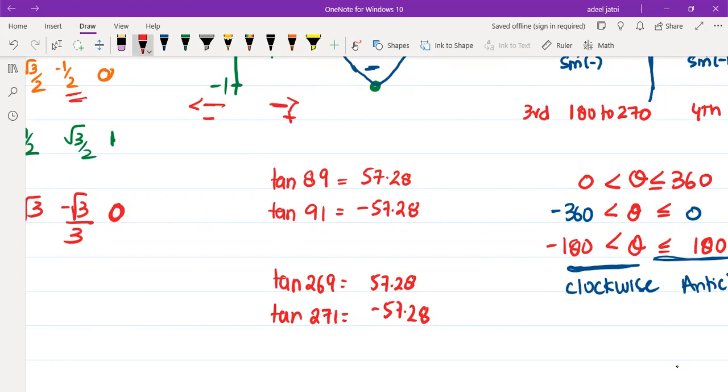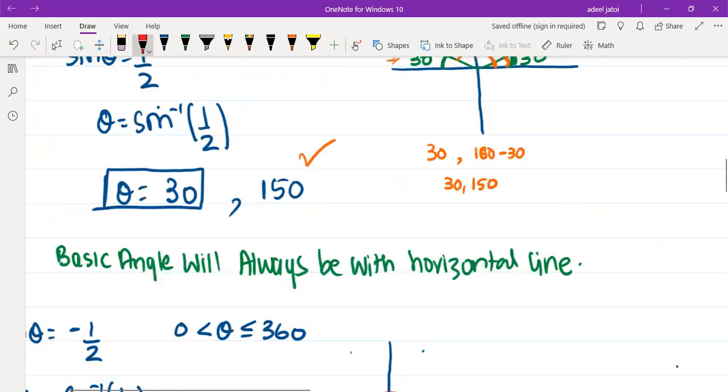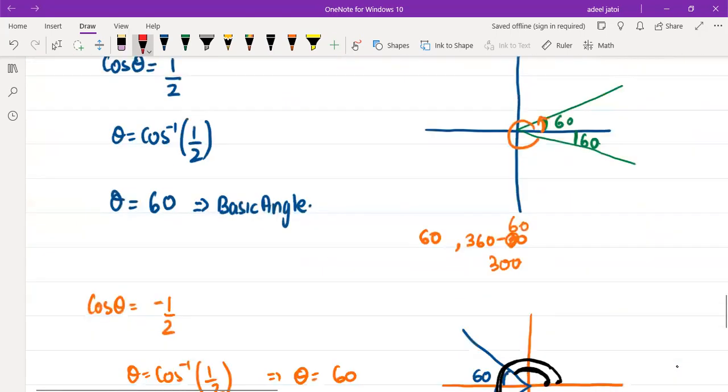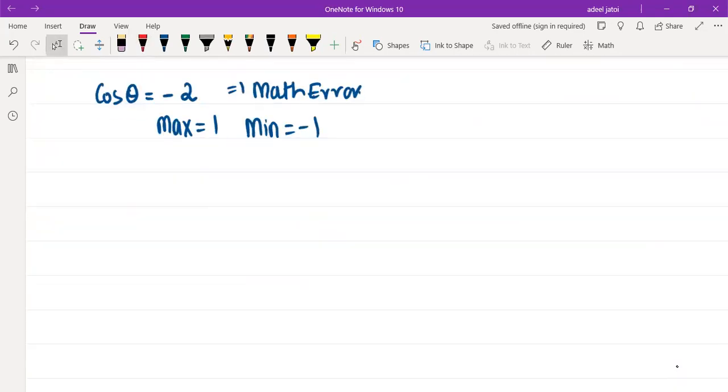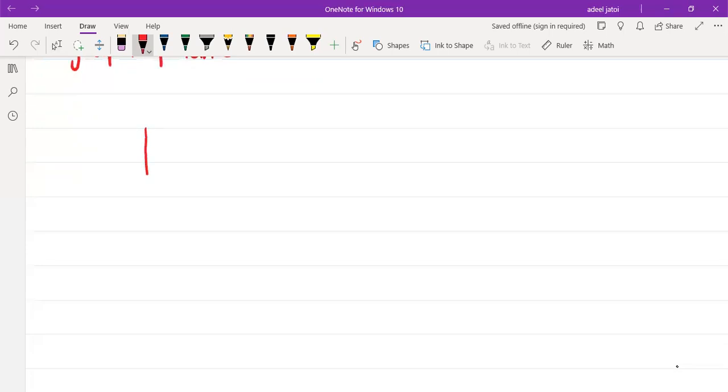One is extreme positive, the other is extreme negative. That means before your math error, you will have an extreme positive value, and once you cross the math error, you will start off with an extreme negative value. So the graph of tan theta will be something like this.